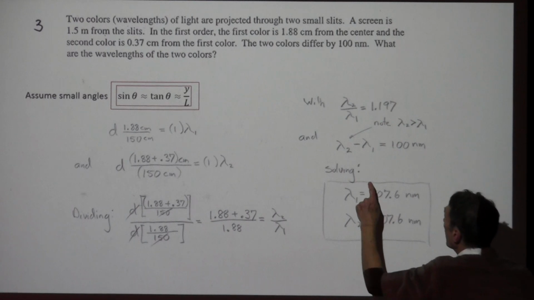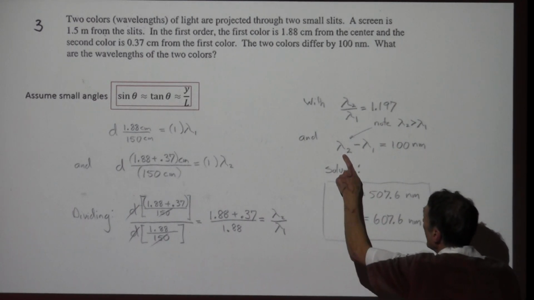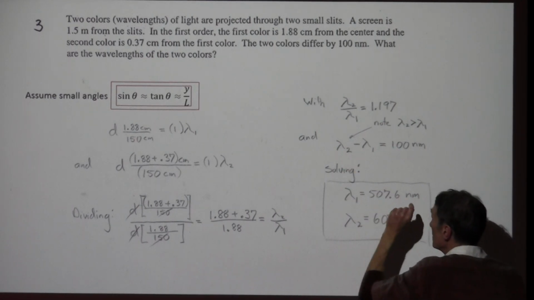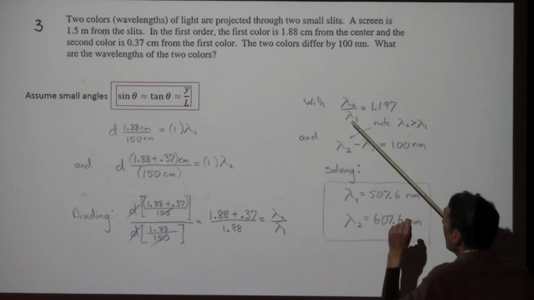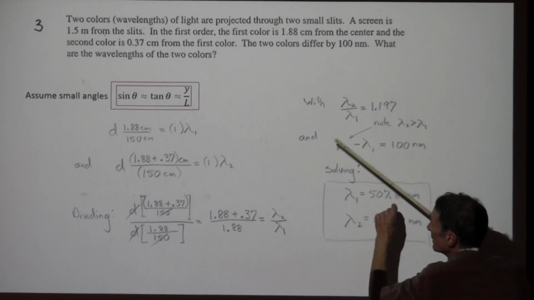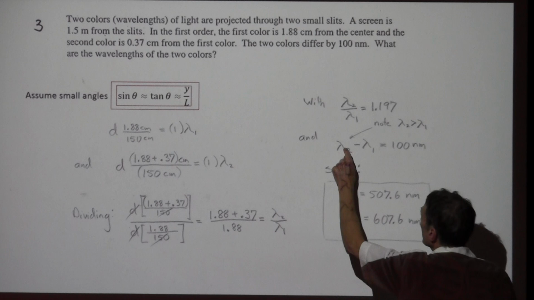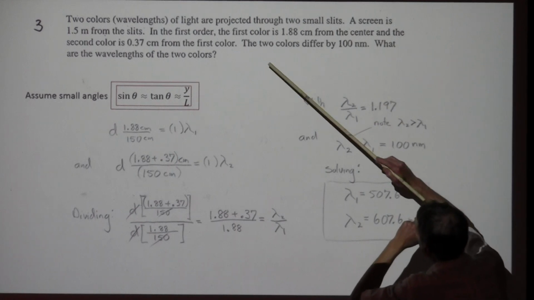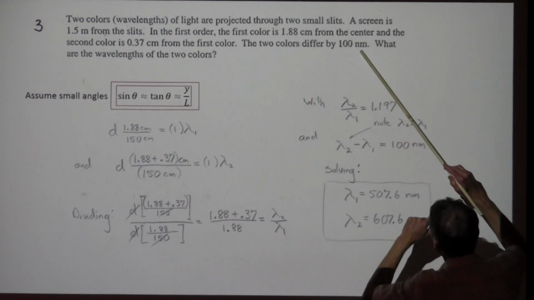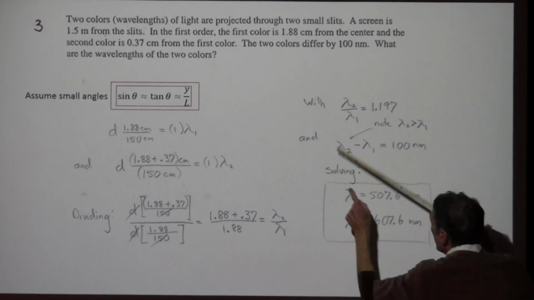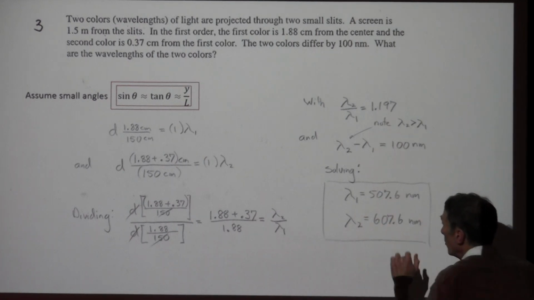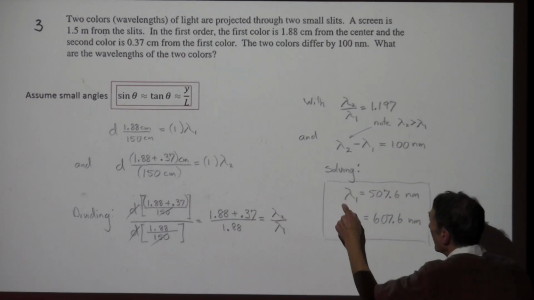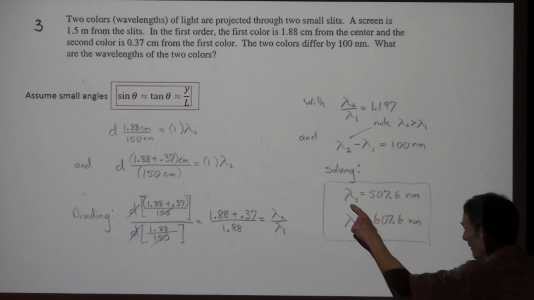I've got two unknowns. I also use the fact that he's telling me lambda 2 is bigger than lambda 1, so lambda 2 minus lambda 1 is equal to 100 nanometers. The two colors differ by 100 nanometers. And then we can go ahead and solve. We've got two equations, two unknowns.